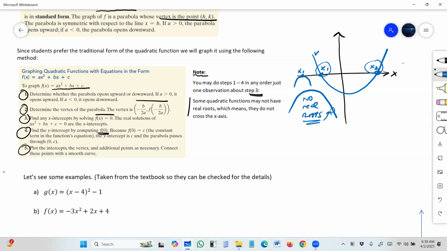So that's also possible. So when you're plotting, you have to understand that it may not be possible to find the answer to step 3, because there may not be x-intercepts, and that's okay. We'll just use the vertex, the y-intercept, and the axis of symmetry to sketch a graph.